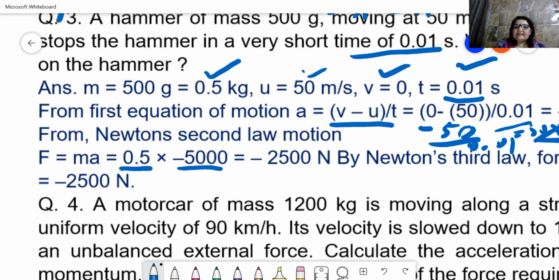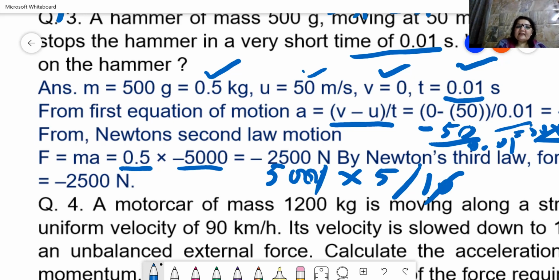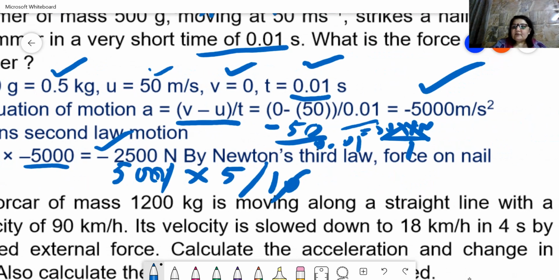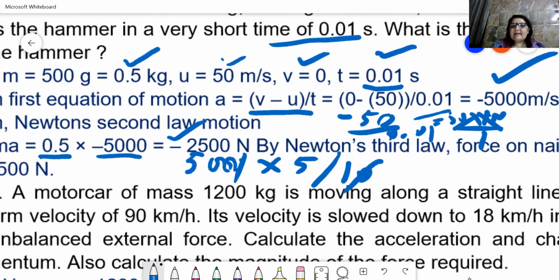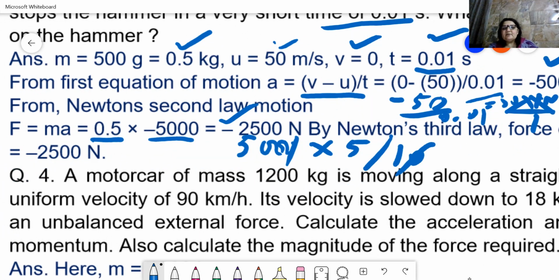Multiplying, 5 times 5 is 25, and the 0.5 decimal comes under it, so we write 5000 multiplied by 5 divided by 10. 0 and 0 cancel, and we get minus 2500 Newton. By Newton's third law, the force on the nail is minus 2500 Newton, which is a retarding force.